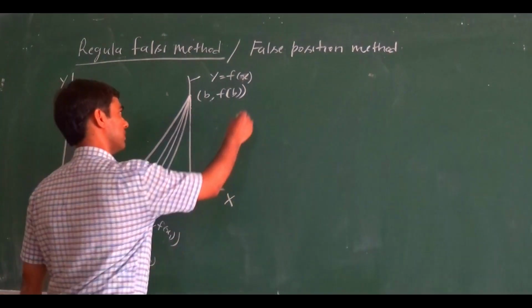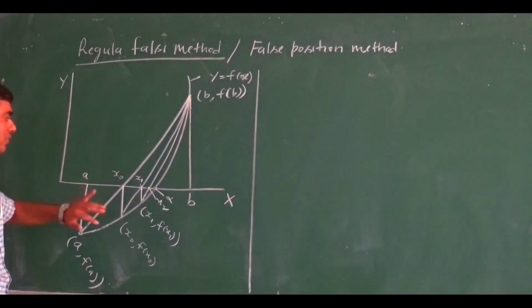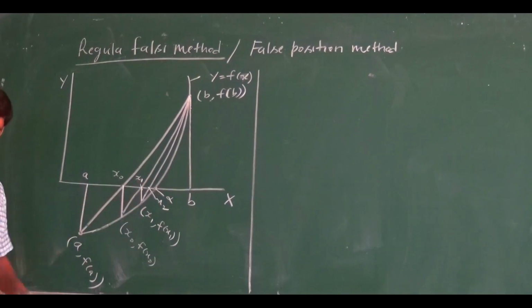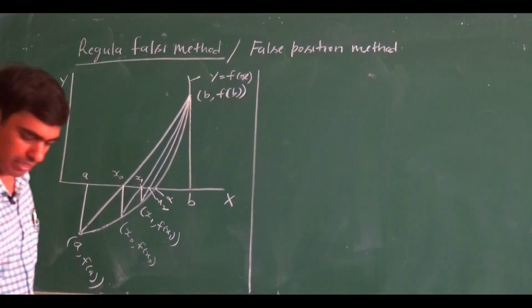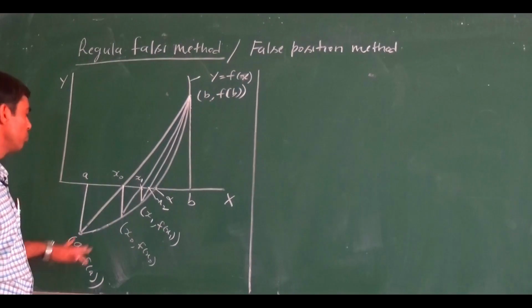Now, mathematically, how do we find the values of x0, x1, x2, x3 and xn? Here we draw a straight line between two points.